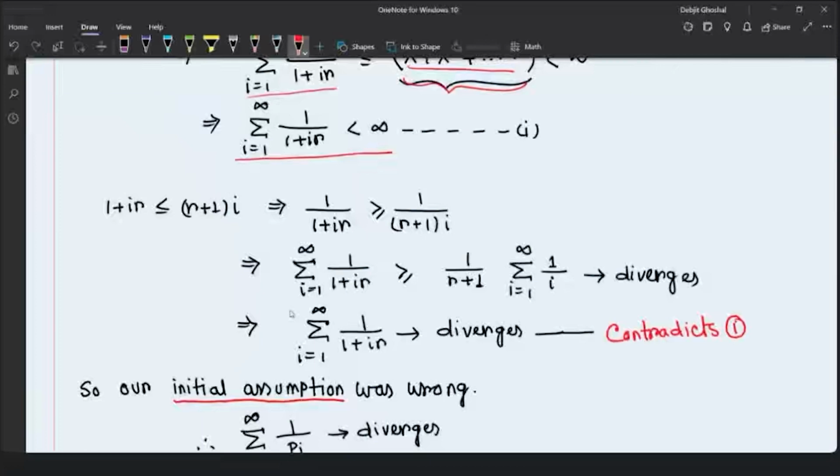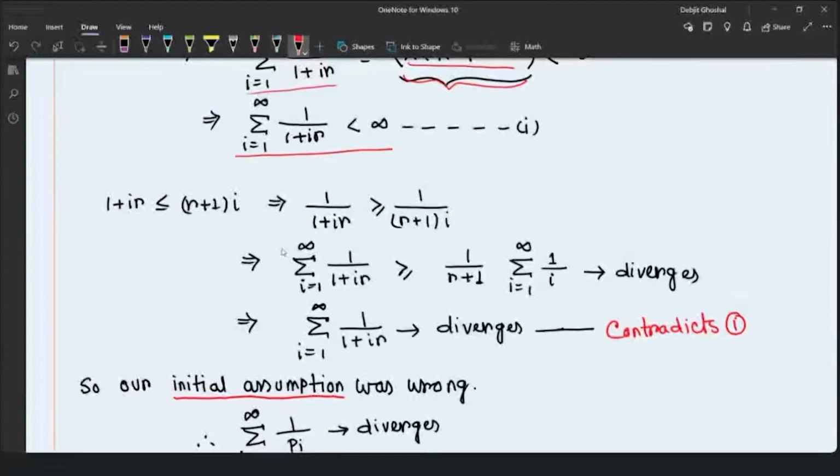Now we almost reached a contradiction. What is 1/R? We will show that this series cannot be convergent, it has to be divergent, by comparison test. So 1 plus iR is less than or equal to, I am just replacing 1 by R, R plus iR, which is nothing but (R+1) times i. Now if I take the reciprocal, then 1/(1+iR) is greater than or equal to 1/((R+1)i).